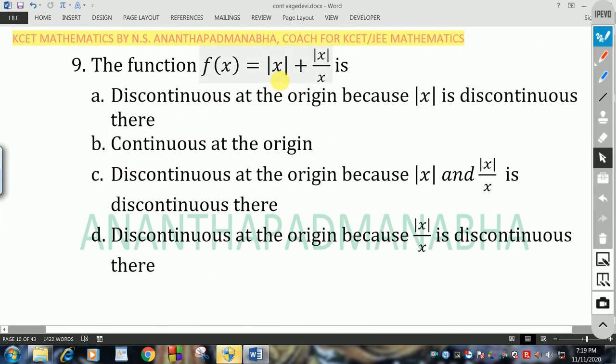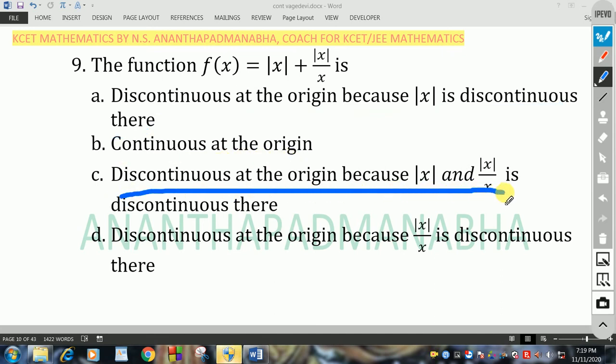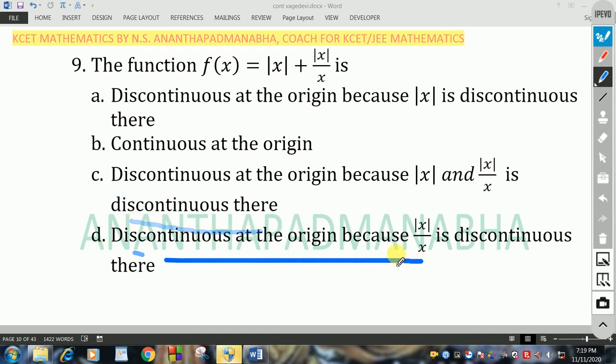The function f of x is equal to modulus of x plus modulus of x by x is: continuous at the origin, discontinuous at the origin because modulus of x is discontinuous there, or discontinuous at the origin because modulus of x by x is discontinuous there.